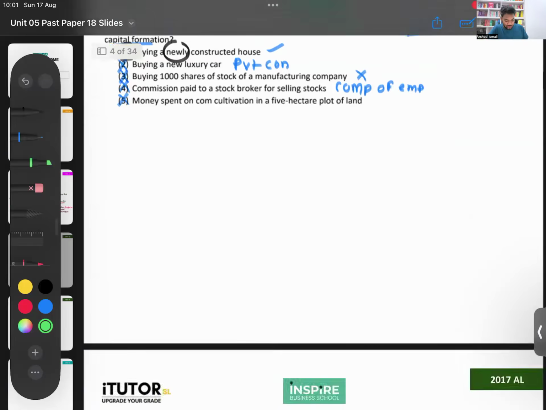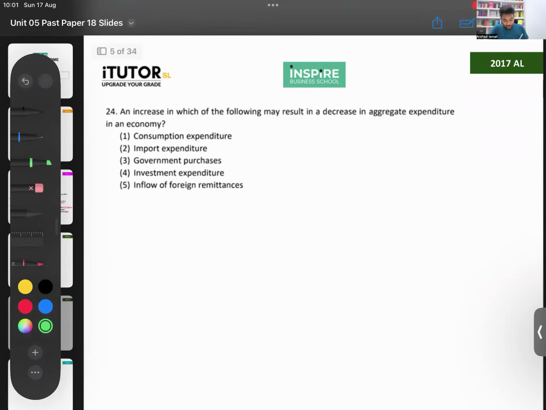Then going into 2017, another one. 24. Which of the following may result in a decrease in the aggregate expenditure of an economy? So when you say aggregate expenditure, you're referring to the components of your expenditure approach, right? So what are the components? You have private consumption, government consumption, investment, exports, minus imports.